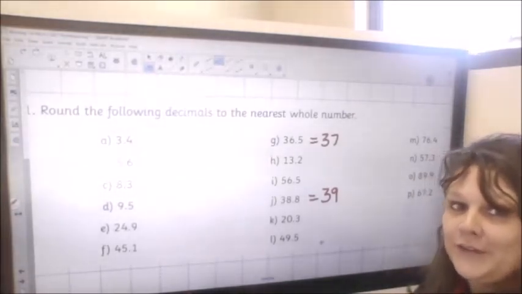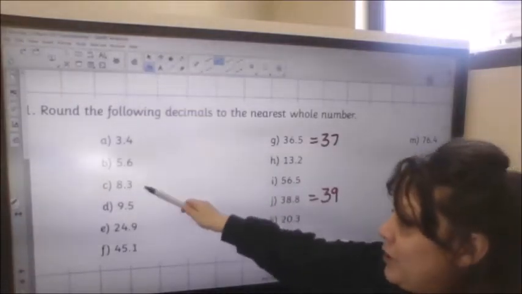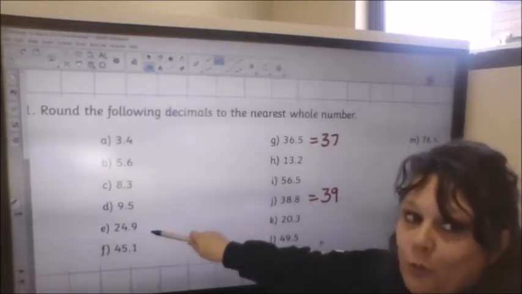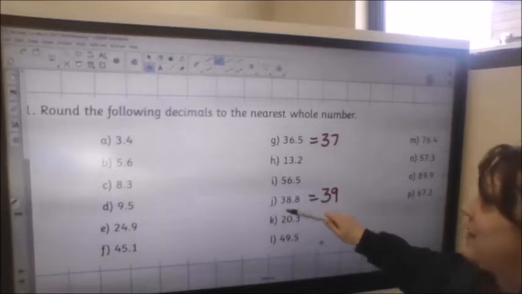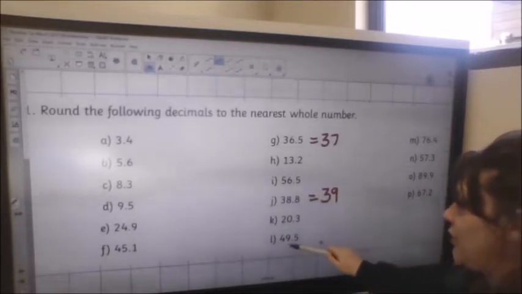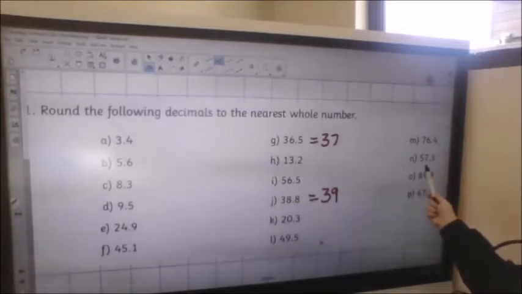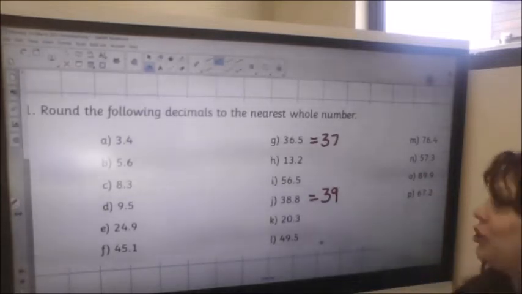Okay, so you've got 3.4, 5.6, 8.3, 9.5, 24.9, 45.1. We've done that one together. 13.2, 56.5, 20.3, 49.5, then over here, 76.4, 57.3, 89.9, and 67.2.